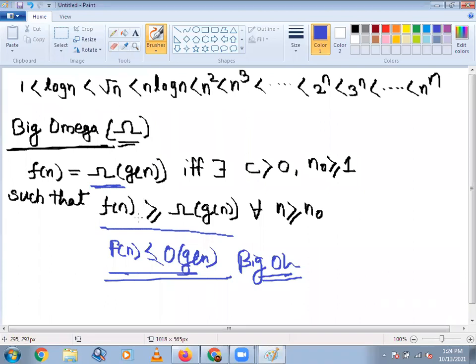Okay, the definition is the same, only there is a difference in these symbols. So we are going to see examples of this.